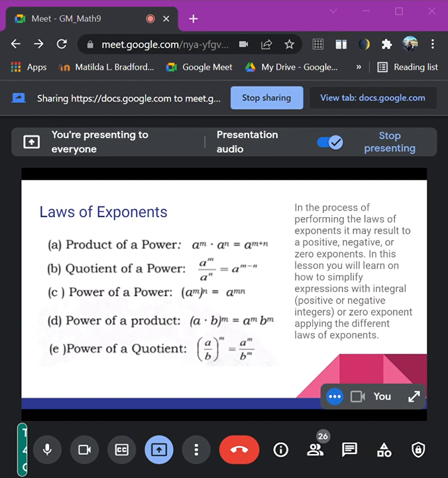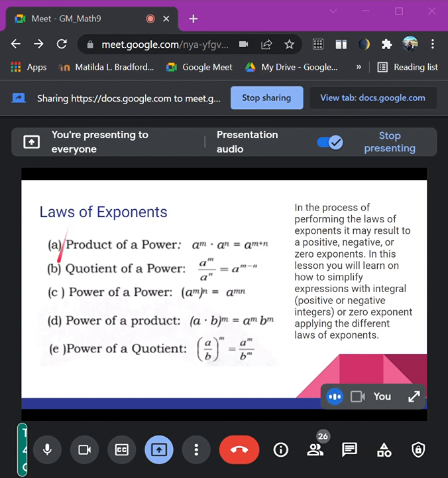In the process of performing the laws of exponents, it may result in positive, negative, or zero exponents. In this lesson, you're going to learn how to simplify expressions with integral exponents, meaning positive or negative integers, or the zero exponent, applying the different laws of exponents.